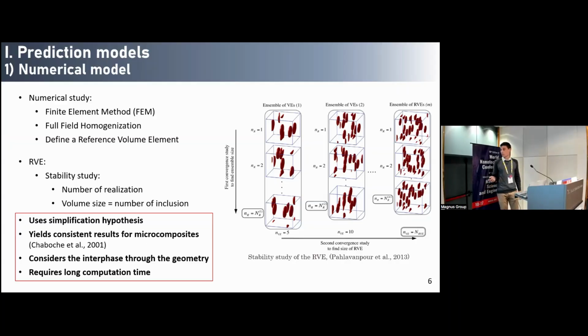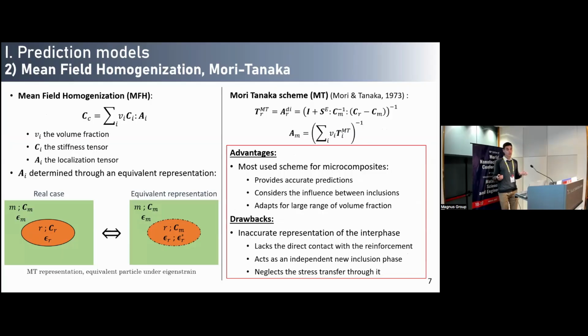That's why we also introduce some analytical models that are much faster, but need more hypotheses in order to function. The models that are the most commonly used in microcomposite and in nanocomposite are the mean field homogenization models. Each field is considered constant in each different phase.